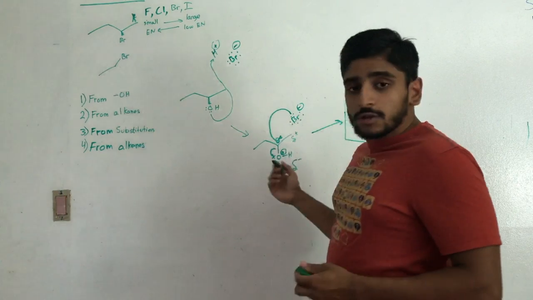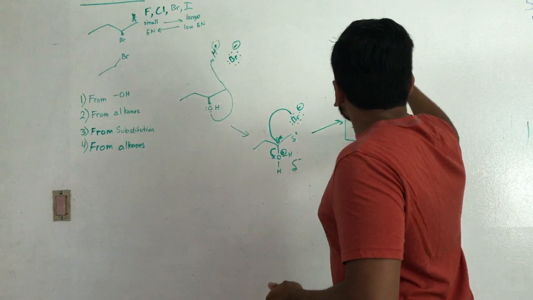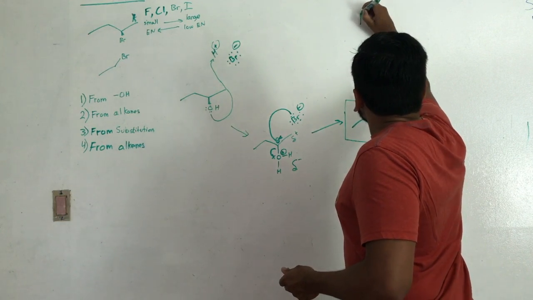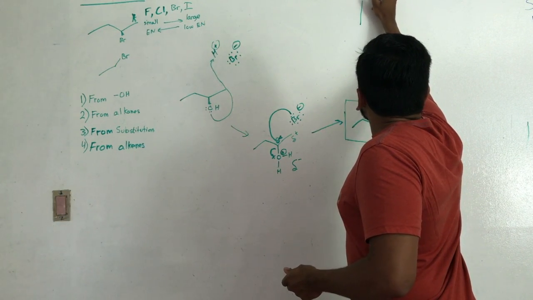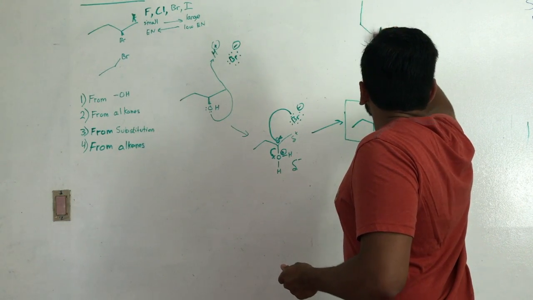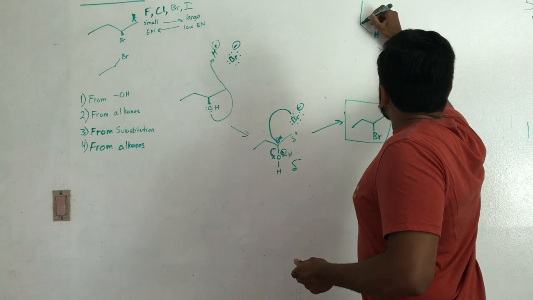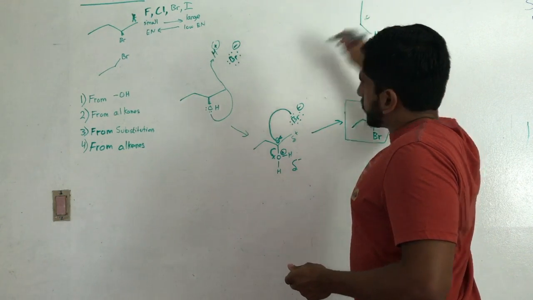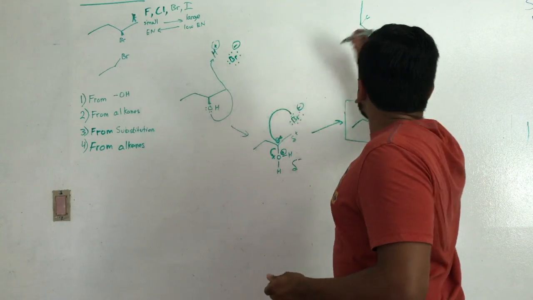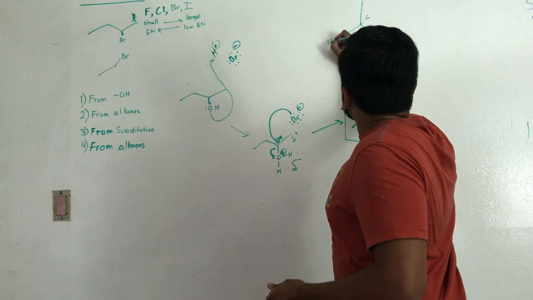So now if we look at this molecule lengthwise this way, we're going to see we have the methyl group sticking here. We have a hydrogen, we have a hydrogen here. And then going backwards into the board is this carbon. And then coming out this way we have the oxygen.